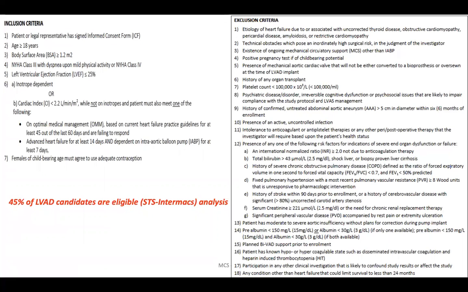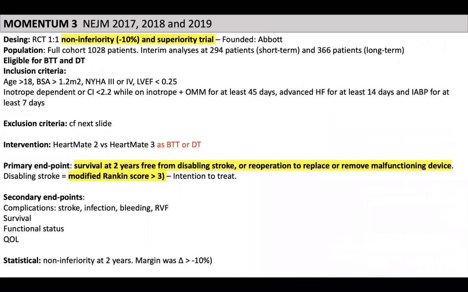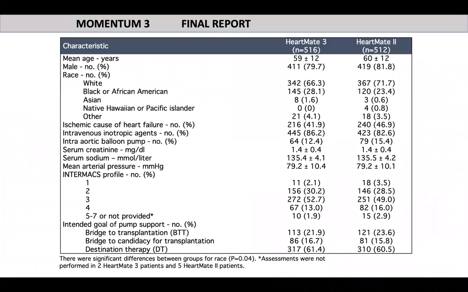So it's not a perfect reflection of reality. You need to have a good idea of the patient's characteristics, like age, sex, INTERMACS profile, and the intended goal of support. I think it's important.